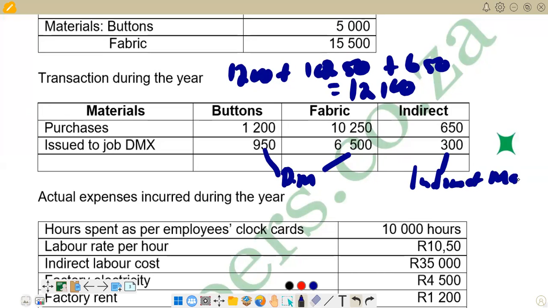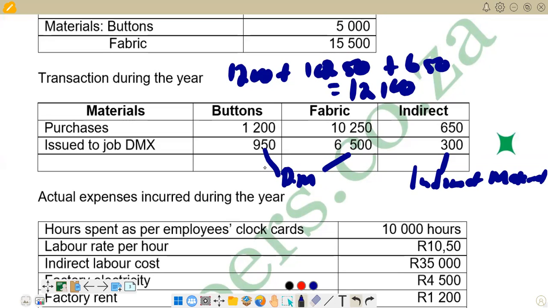And remember, when we are posting these materials, direct material will go to the production control, but indirect material will be posted to the manufacturing overheads control account. So this becomes the difference now.